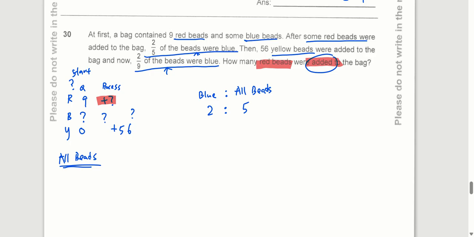That would mean the red is 3 units. And that is at the stage of after it's being added, after the process here. Okay, and then there's no yellow. Yellow is 0.